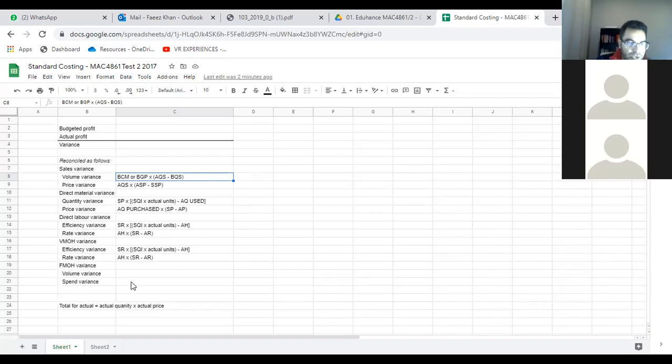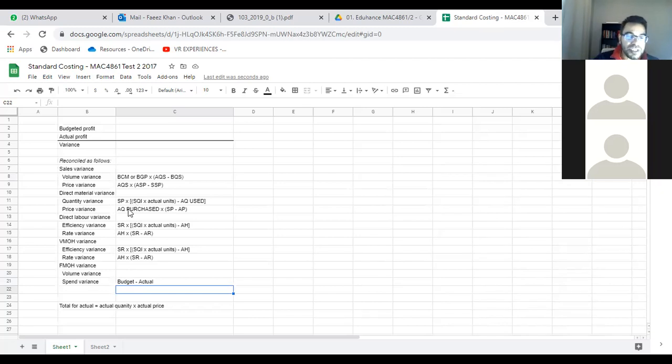Let's quickly go over here. For fixed manufacturing overheads, the spend variance is basically budget minus actual. This is generally like 2 marks. You're given actual, given budget, you calculate it. Remember, it doesn't follow the same pattern as these, because by definition, fixed cost does not change relative to units.